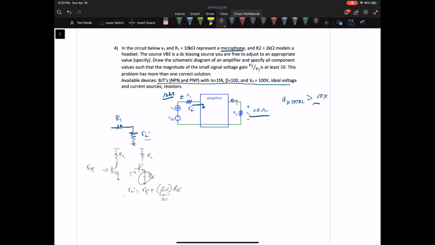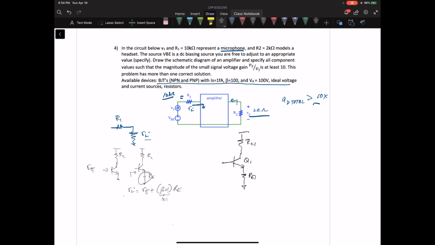So that's probably a pretty promising thing that we could use. I'd rather use on my input a common emitter amp with degeneration. So I'm going to call that R1. So that's the thinking there.